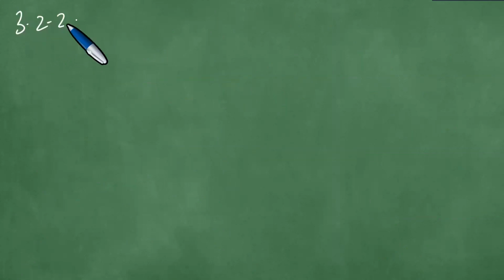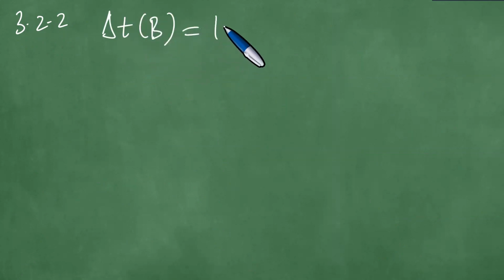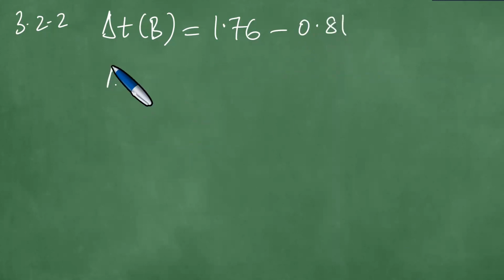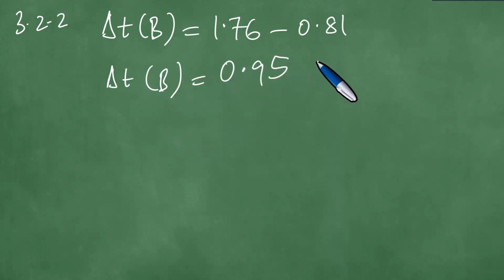So we're looking at 3.2.2. The change in time for B is 1.76 minus 0.81, which is 0.95 seconds. Meaning B is going to be in flight, in the air, a projectile for that much time.